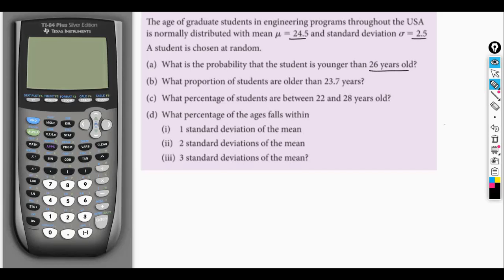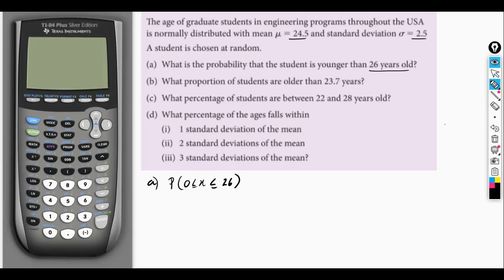Okay, so for this, we're going to use standardization. Now, the probability that a student is 26 years old means the probability that the student is more than 0 and less than or equal to 26 years of age. But we're going to use standardization.